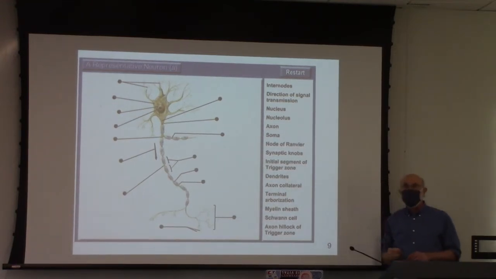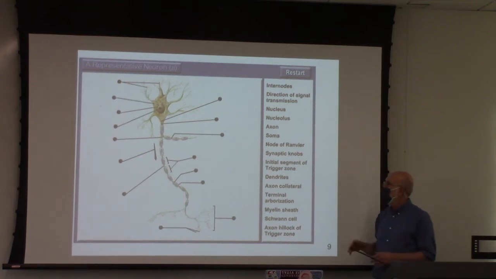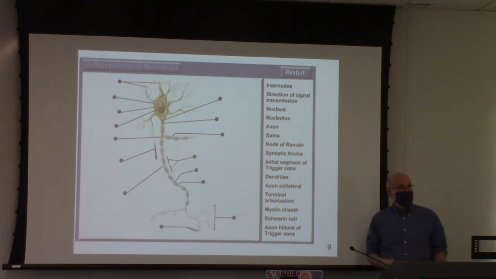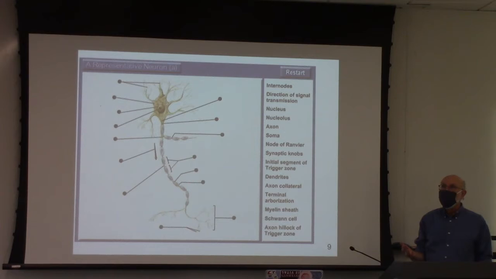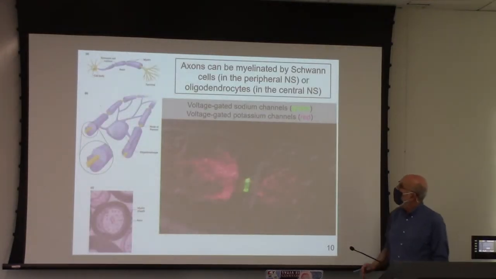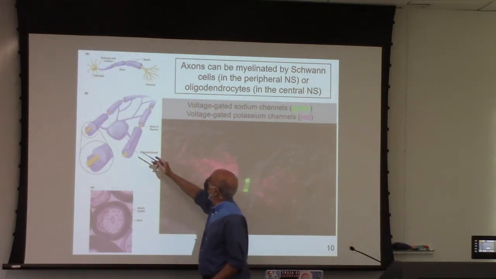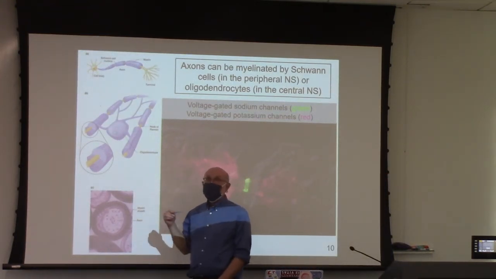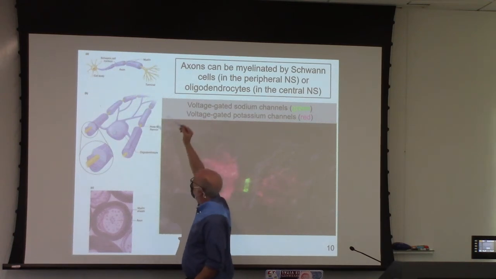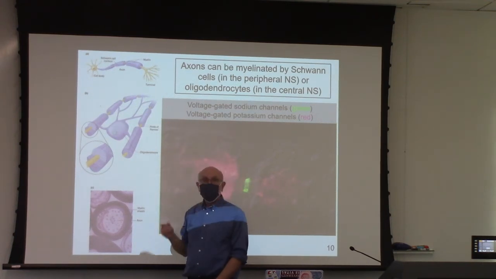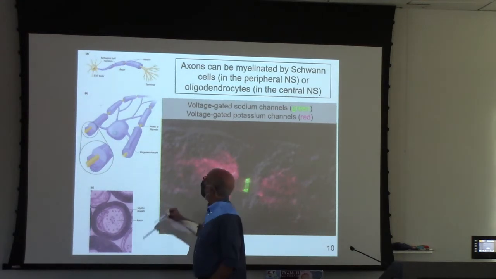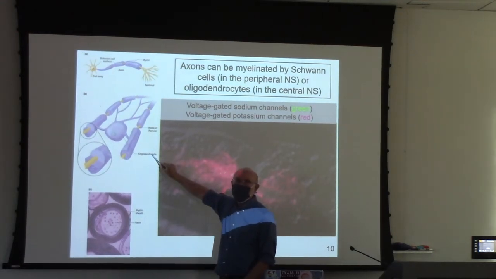So you can play this game. I think you should play this game, maybe more than once, to learn the cellular morphology of nerve cells. So, I know you can barely see this. Let's focus over here. So, what makes myelin are Schwann cells and oligodendrocytes.